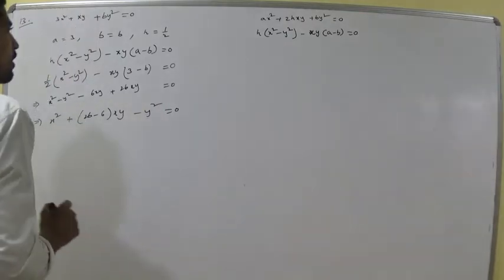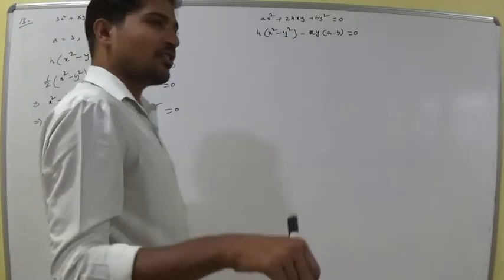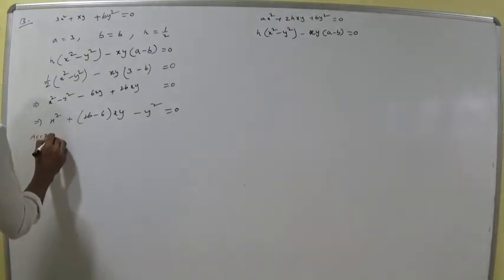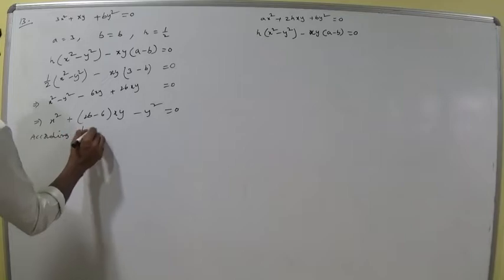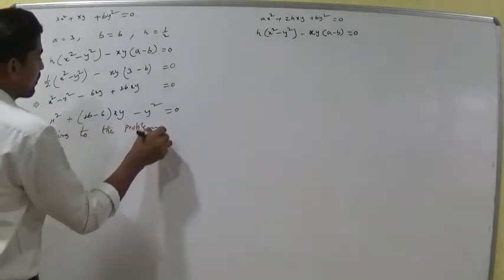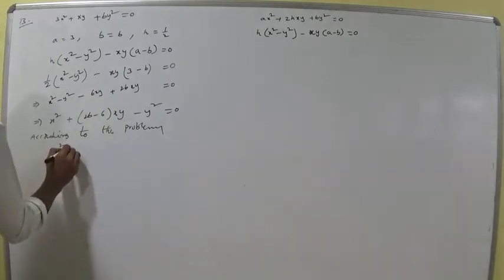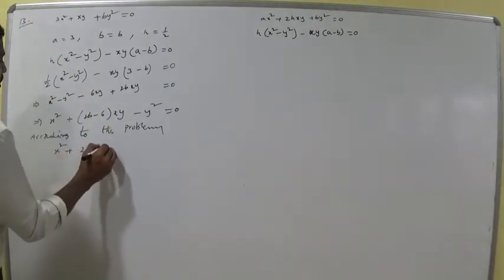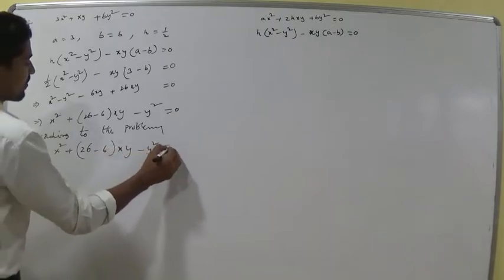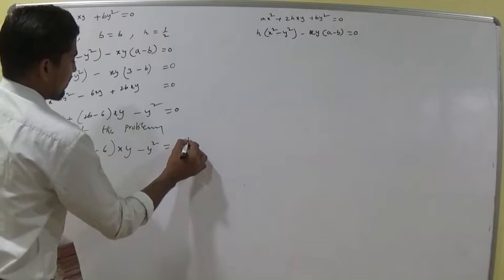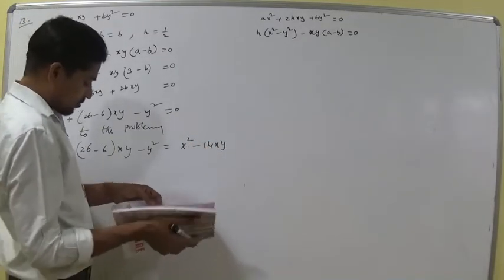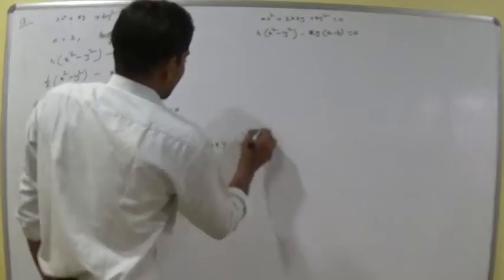But according to the problem, the combined equation is x square plus 2b minus 6 into xy minus y square equal to x square minus 14xy minus y square.